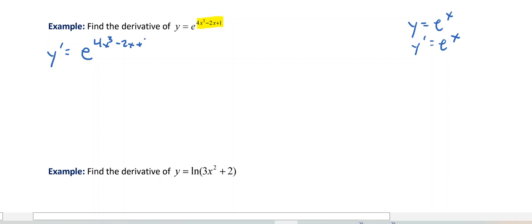It is its own derivative, but we have to use the chain rule. We now tack on at the end the derivative of the inside function. You're never done until you tack on the derivative of the inside function, which will be 12x squared minus 2. And that's good enough for that. We could write this out in front, but it doesn't really matter.